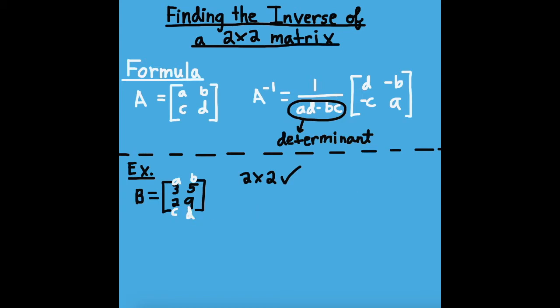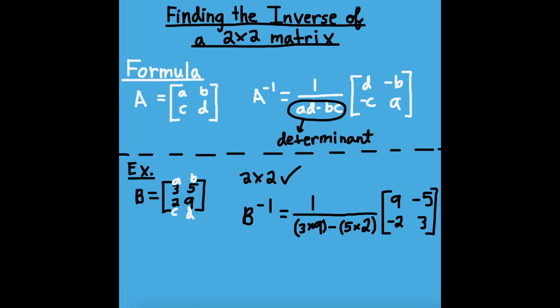So let's substitute the values for the formula above. So we get inverse B equals 1 over 3 times 9 minus 5 times 2 times the matrix 9, negative 5, negative 2, 3.